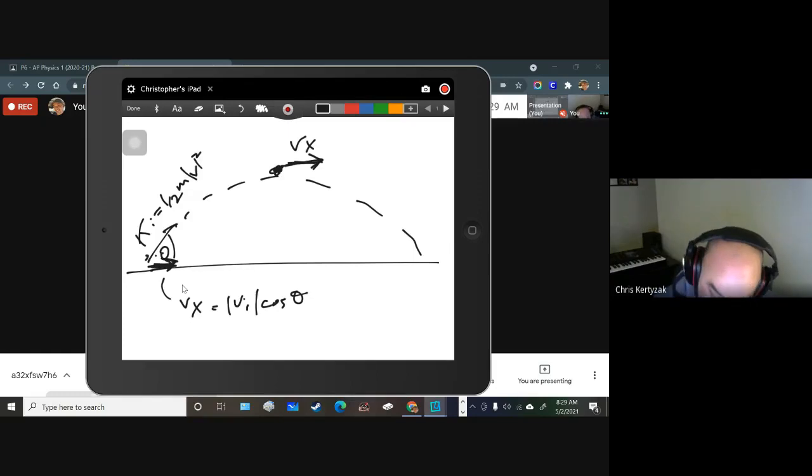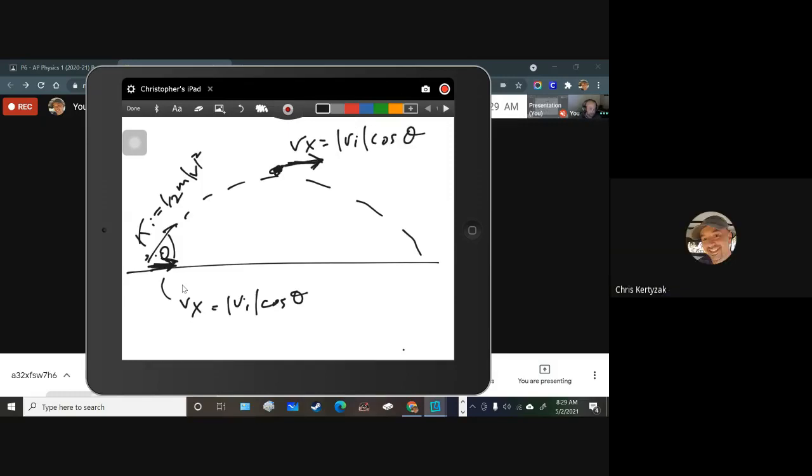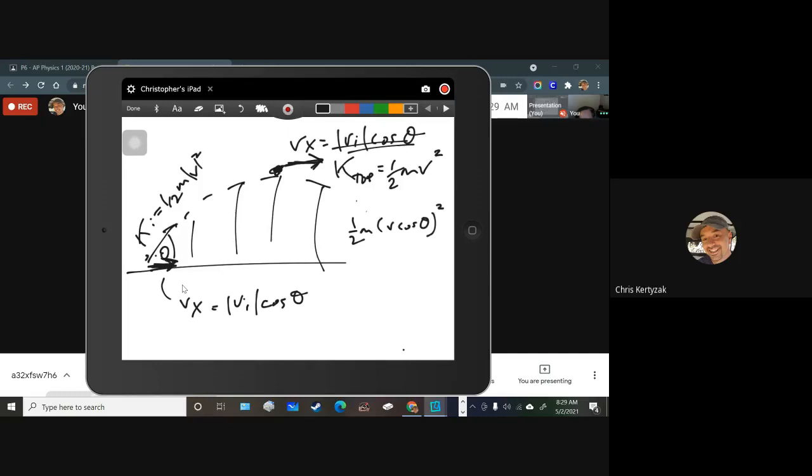So technically Vx up at the top is the same value, because it's a constant horizontal speed as it goes along. These are equal distances per second. We've talked about that, right? So if someone asked for the kinetic energy at the top, we would have 1/2 m v at the top squared. Well, this is v at the top, so we'd end up with 1/2 m, and then v cos theta squared, because this is Vx at the top.